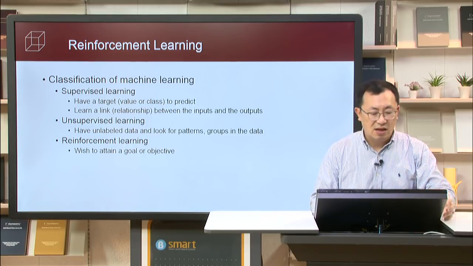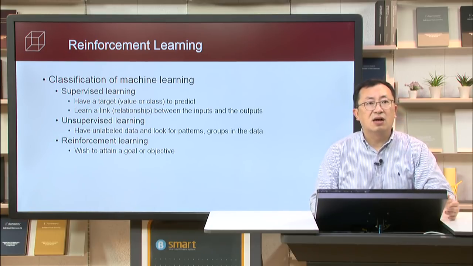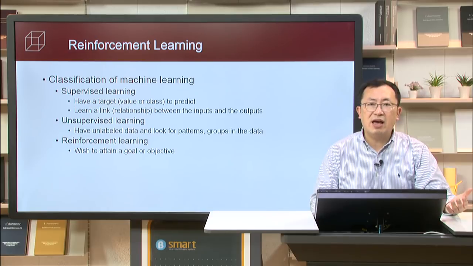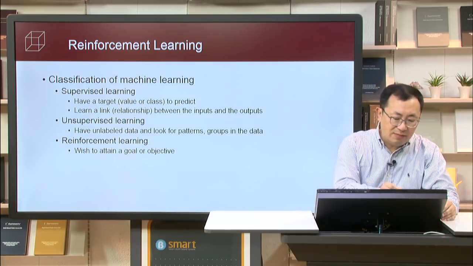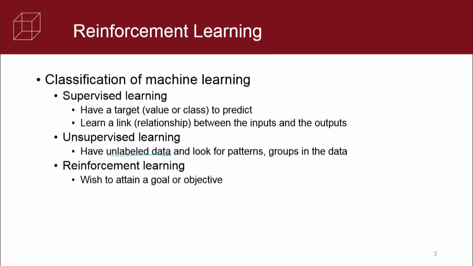On the other hand, unsupervised learning algorithms assume to have so-called unlabeled data, and the algorithm tries to find some kind of underlying patterns or groups in data.